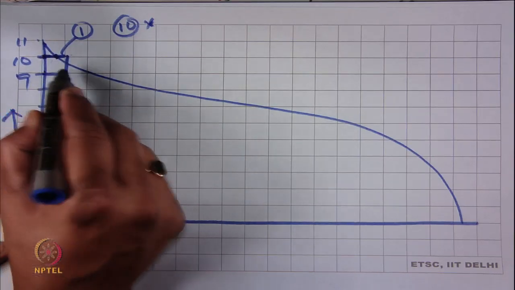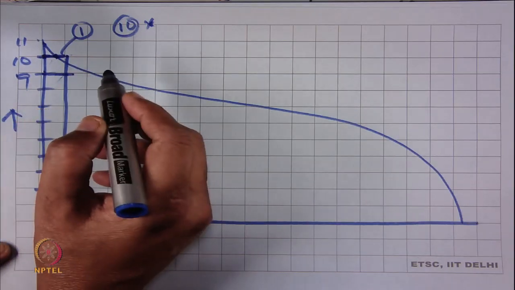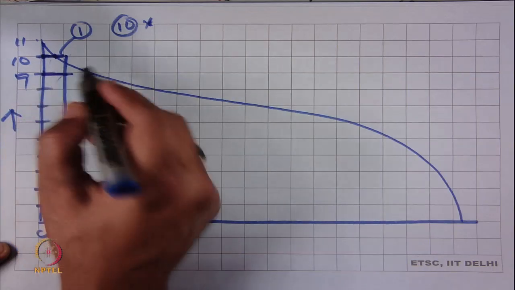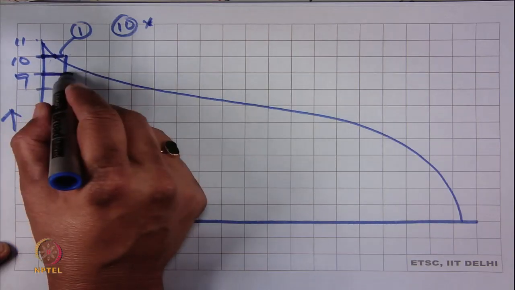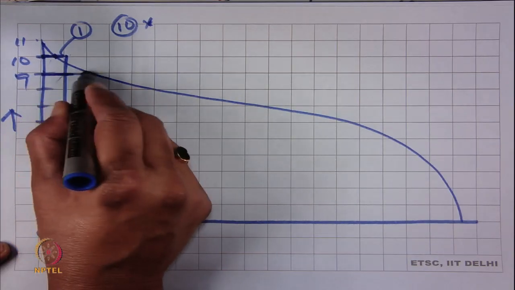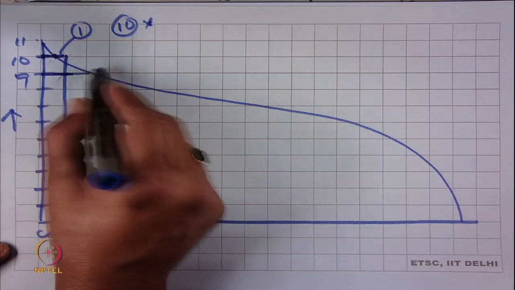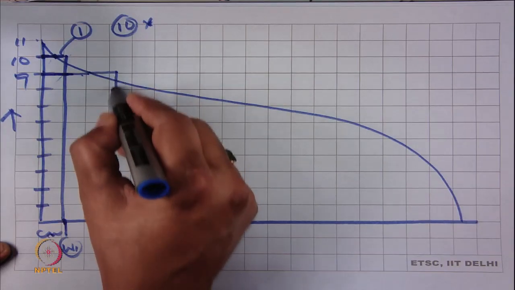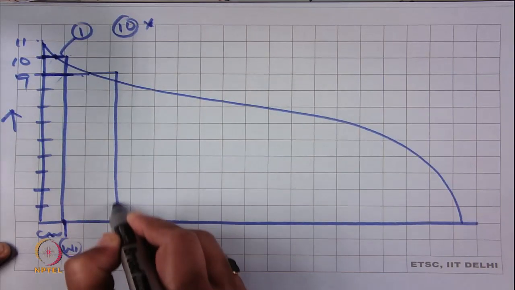We are trying to draw another histogram here. Now, from this point we are extending to an equal point, this is the second one.